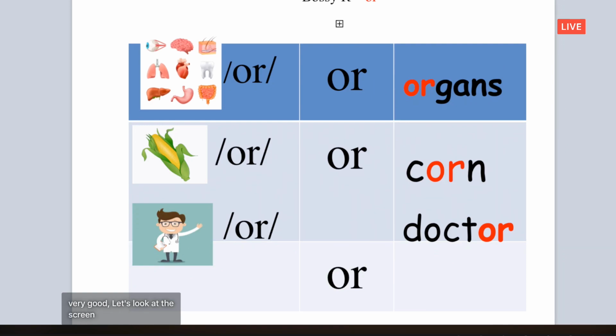There we see our OR. This is the sound OR, and it can be written with the letters O-R. I want you to listen for the sound OR in the word organs. Organs. Very good. Now, do you know any other word that begins with that sound OR as in organ?